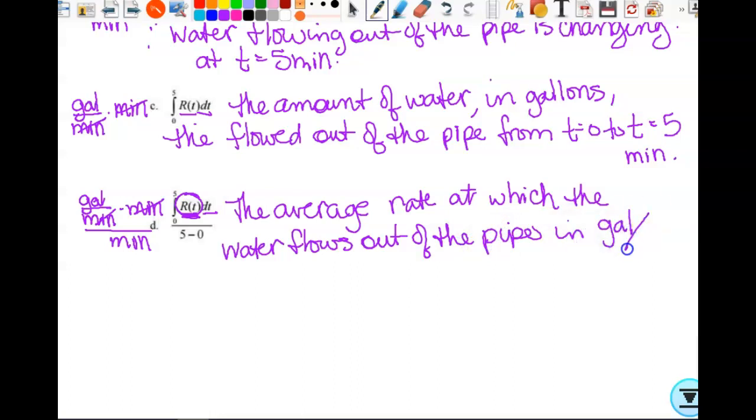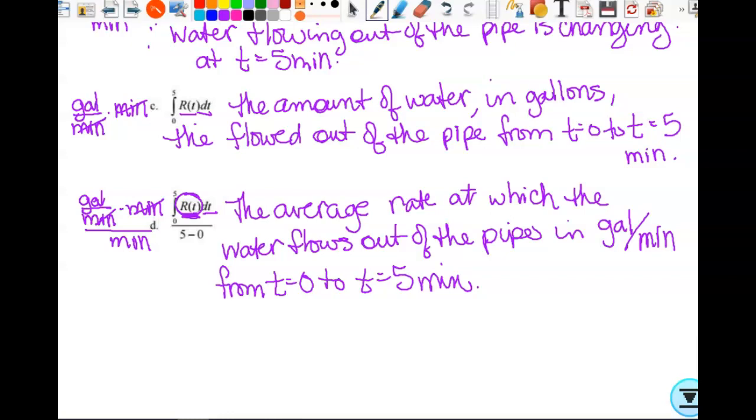Is that all I have to say? Nope. From t equals 0 to t equals 5 minutes. Okay, we good? Okay, so all those pieces, we want to make sure they're there.